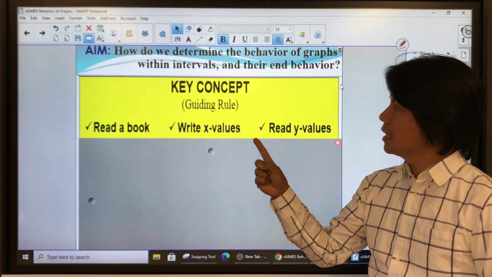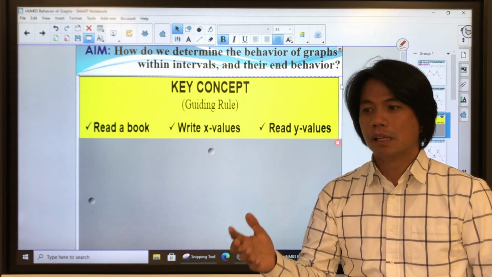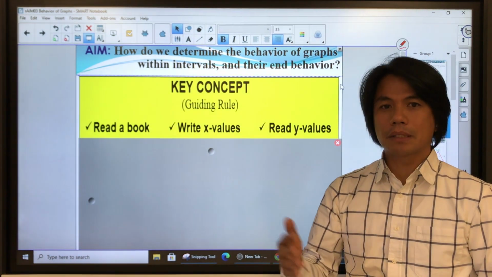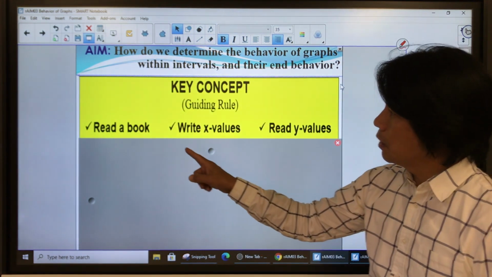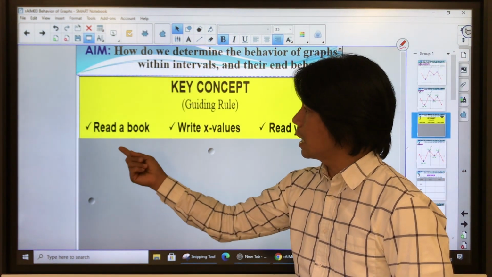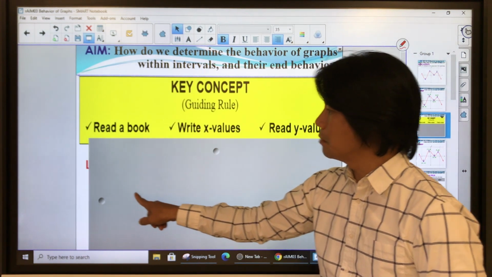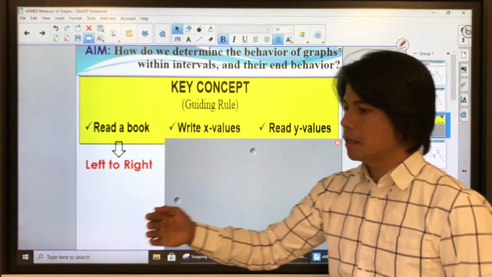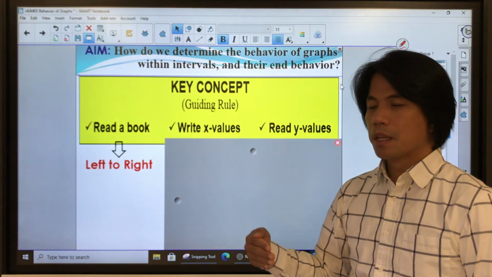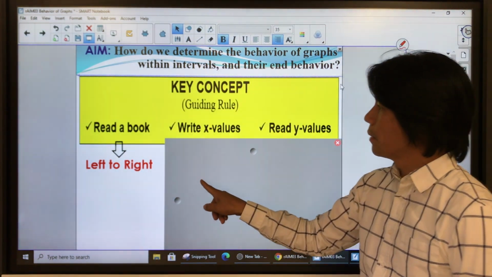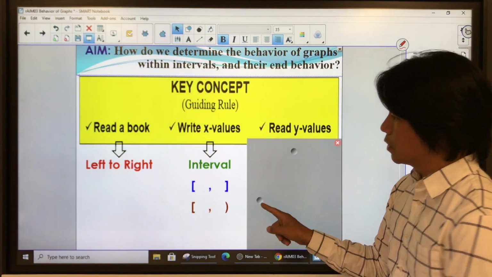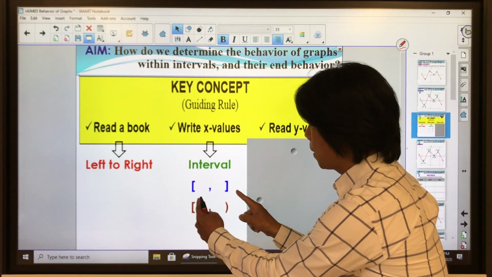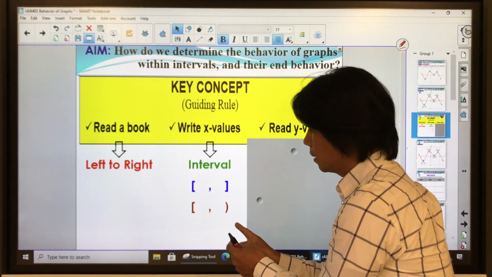Now let's go over the key concept or the guiding rule, how to identify or tell the behavior of a graph within the interval. First thing we should remember is it's like reading a book. What do I mean by that? You have to read the interval from left to right, okay? And then write x values as intervals. So we're going to use a bracket and a parenthesis.